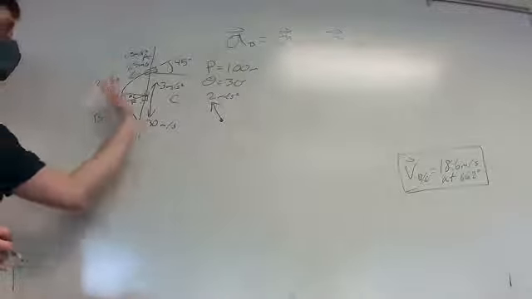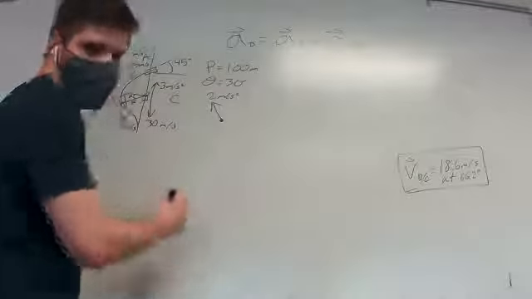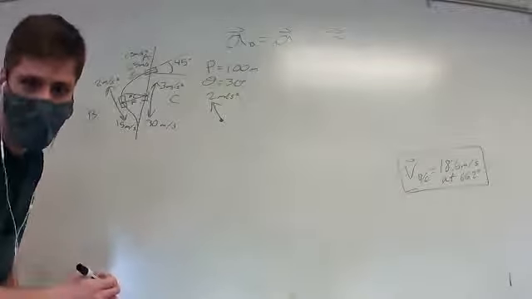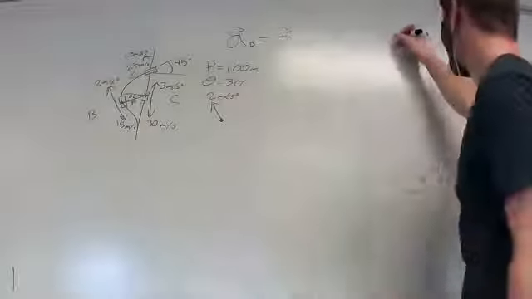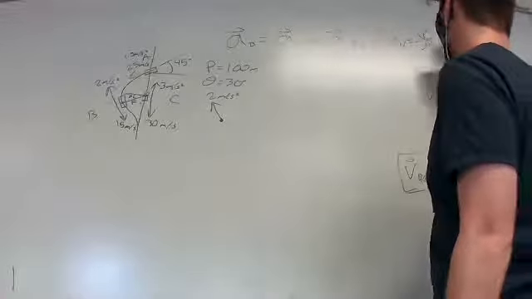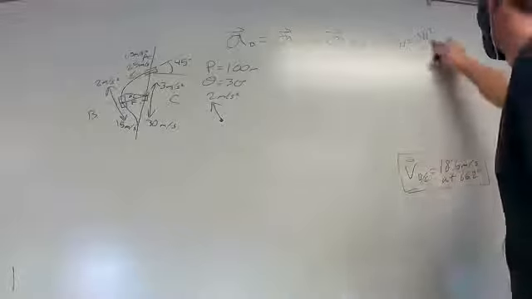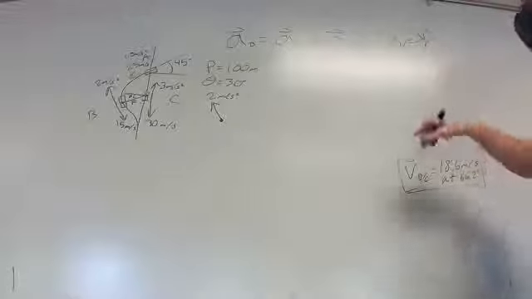It's moving into your path, because in order for the car to turn, there has to be an AN. So we know the AN, or you can just write this as R.